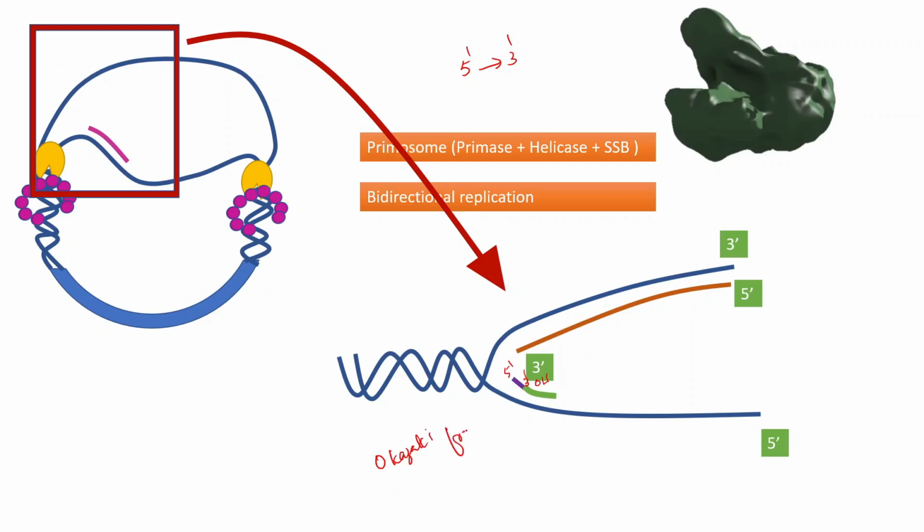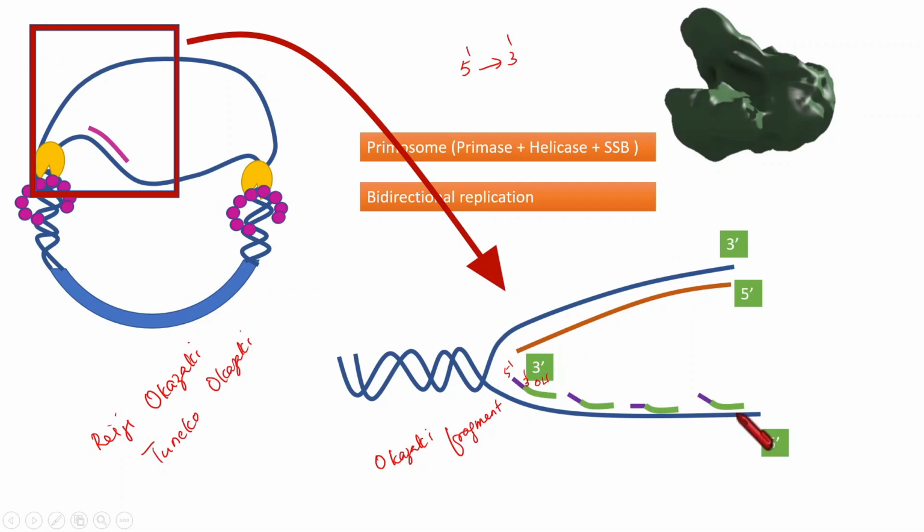This name was given by two scientists, Reiji Okazaki and Tuneko Okazaki. Okay, in this way, so many Okazaki fragments are forming here with regard to the sequence in this template strand.